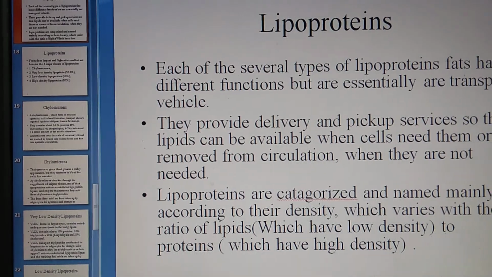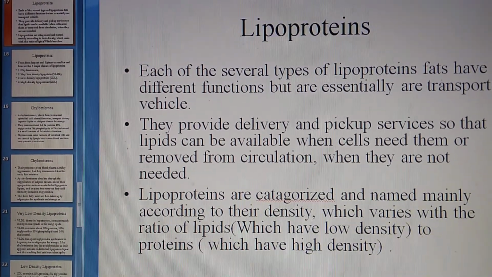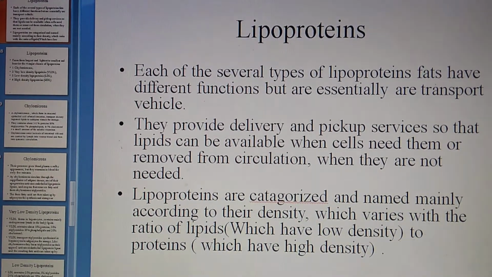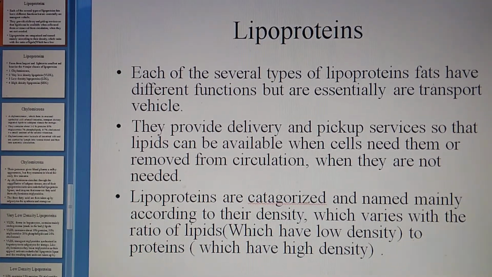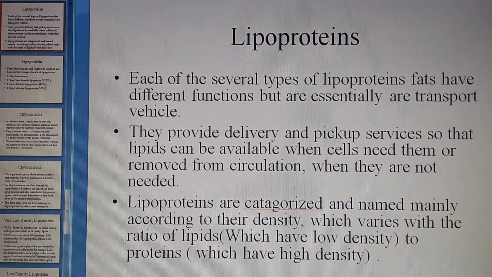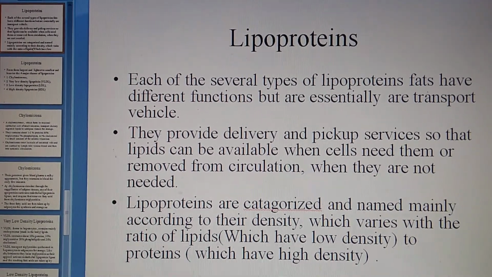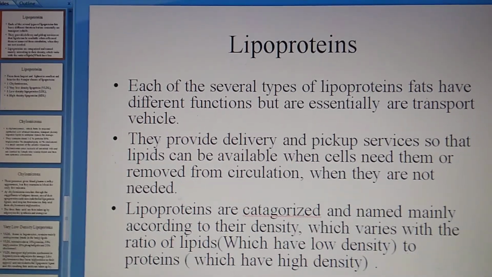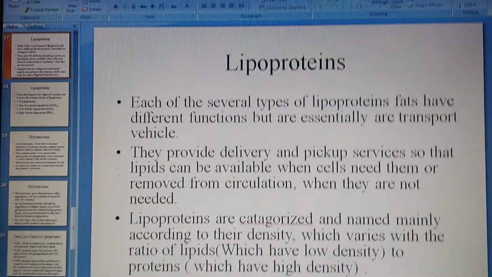Lipoproteins are categorized and mainly named according to their density, which varies with the ratio of lipids, which have low density, to proteins, which have high density. That means here lipid and protein ratio is calculated.